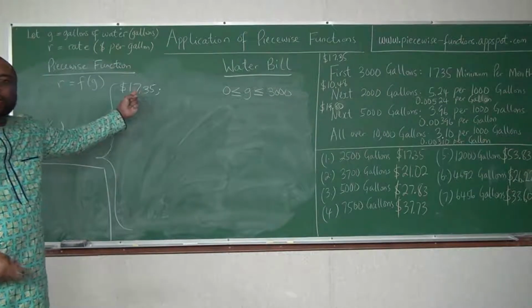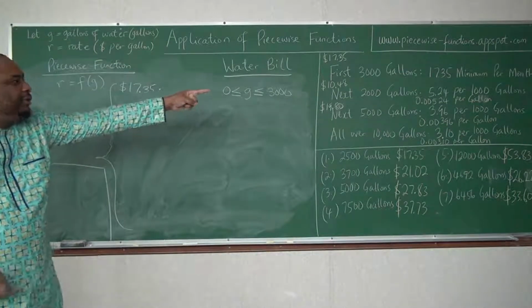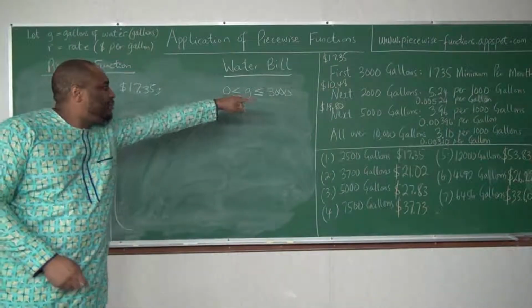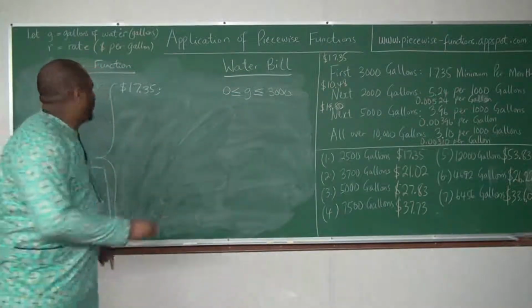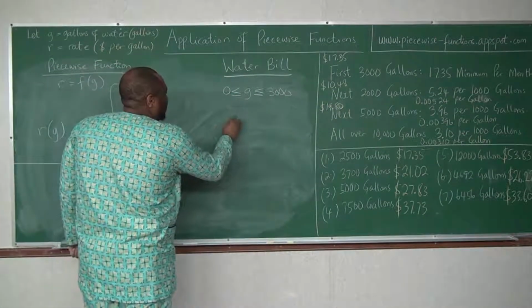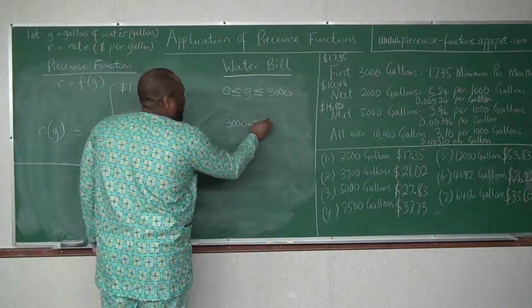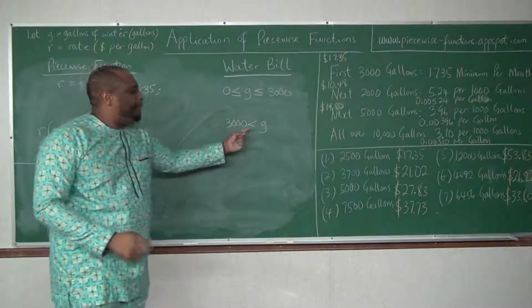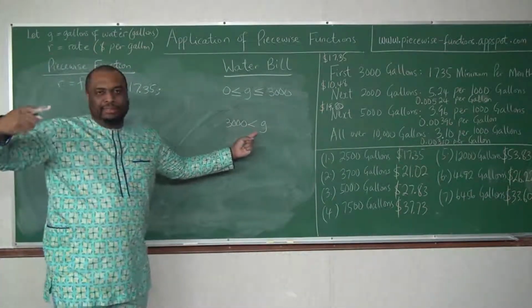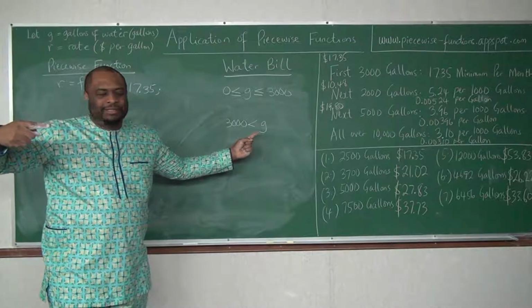If you use the next 2,000, it is from 3,000 less than G, so 3,001 gallons.